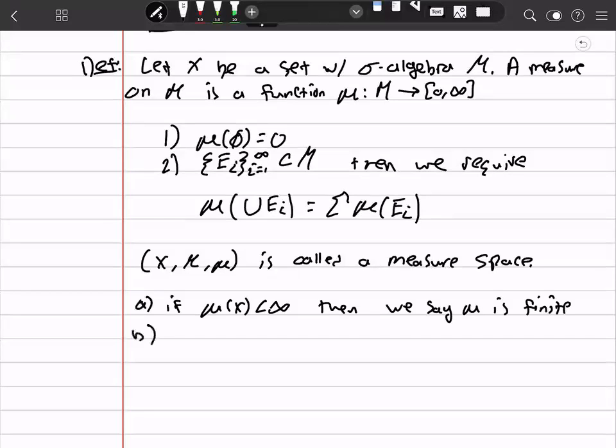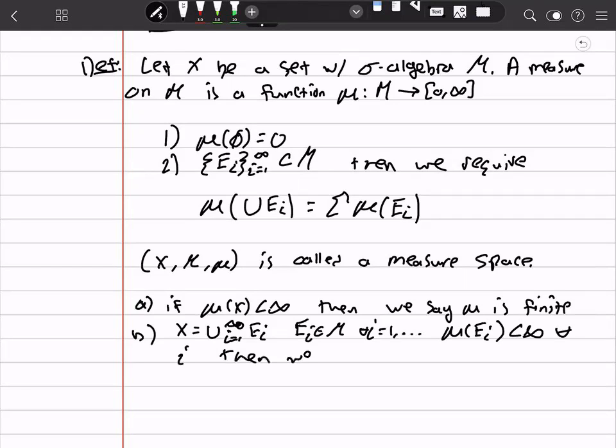Another type of finiteness condition we have is if we can write X as the countable union of elements in our sigma algebra, so e sub i is in M for all i equal to 1 to infinity, and if mu of e sub i is finite for all i, then we say mu is sigma finite.